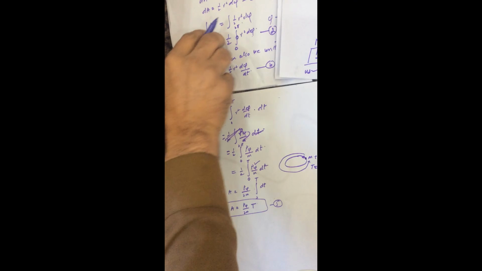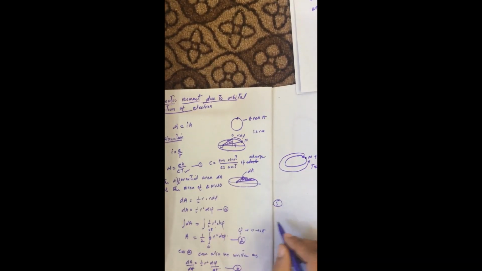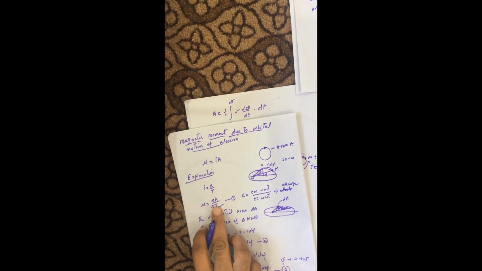Now we have equation number 1, which is E A over cT.